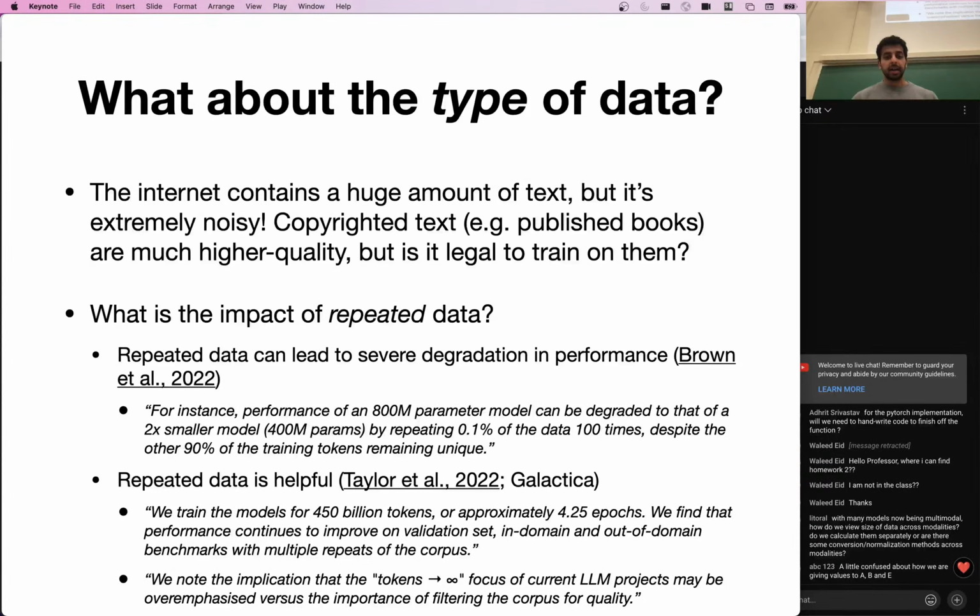So it suggests that data repetition is very harmful to the model's ability to predict the next word. However, it's unclear if this phenomenon exists with much larger models. 800 million and 400 million are still on the small end, and perhaps larger models are less sensitive to multiple epochs or repetitions of the training data.